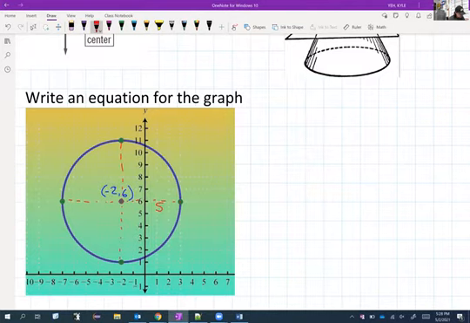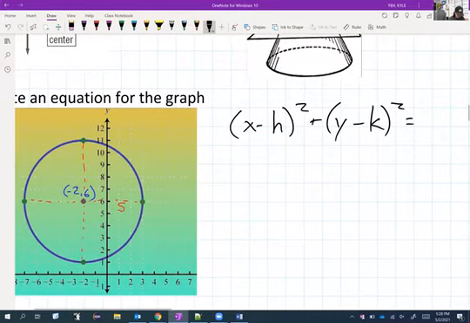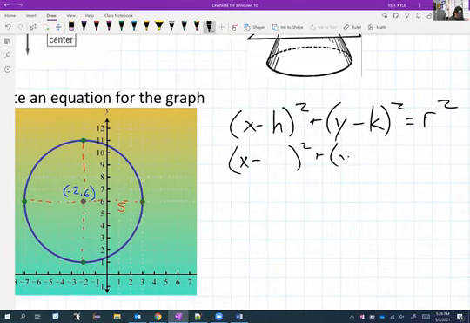Well, I know from above that every circle has this equation: (x - h)^2 + (y - k)^2 = r^2. And the good news is, as long as I know what these values represent, I can just plug and play here. h was the x coordinate of my center.